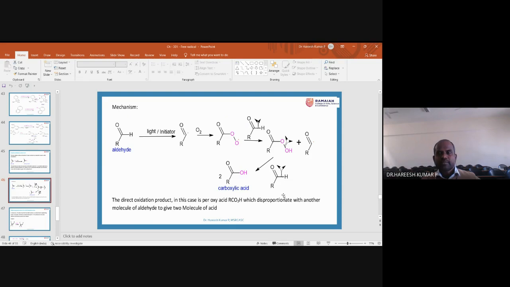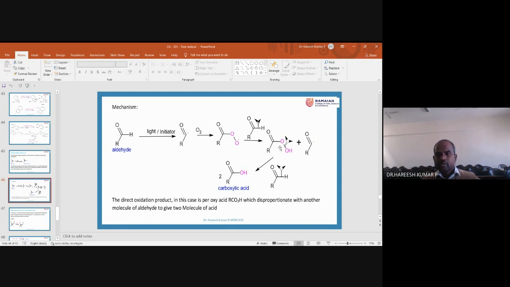So again there will be a formation of acyl radical. And once there is a cleavage here, this OH will add to the acyl radical, giving rise to carboxylic acid.